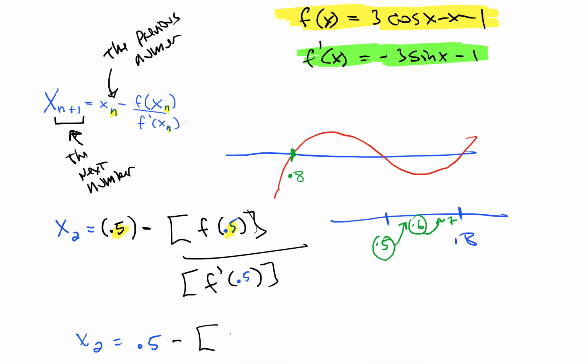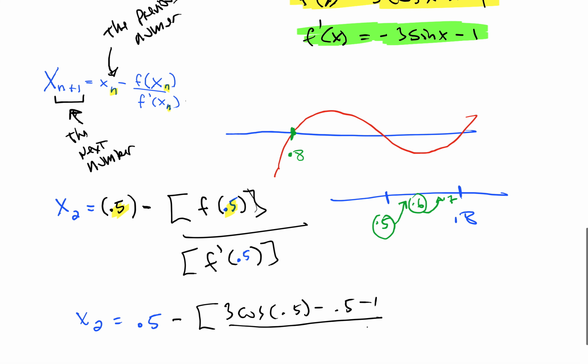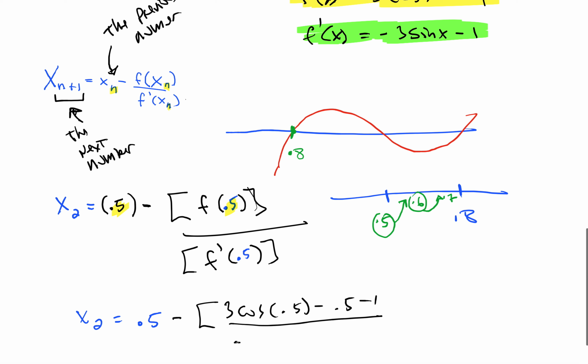So f of 0.5, which is 3 cosine 0.5 minus 0.5 minus 1 over negative 3 sine 0.5 minus 1. So down here, we plugged it into the derivative one. Up above, we plugged it into the original one.